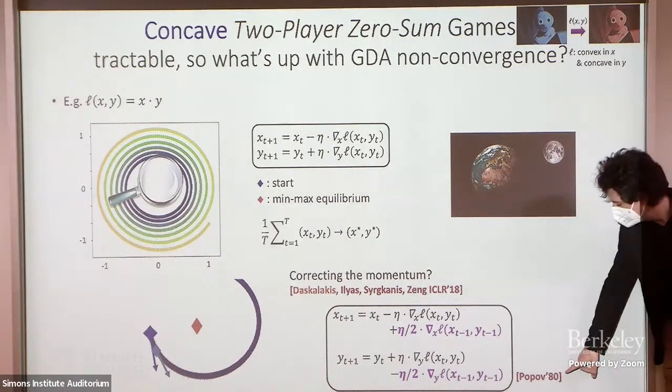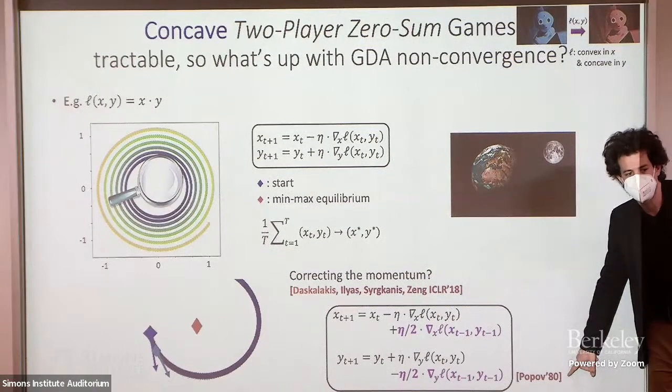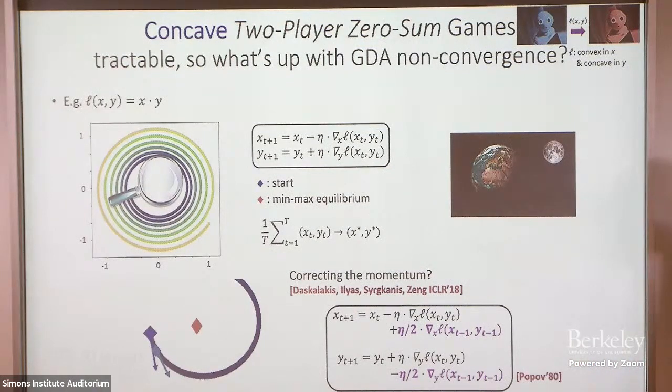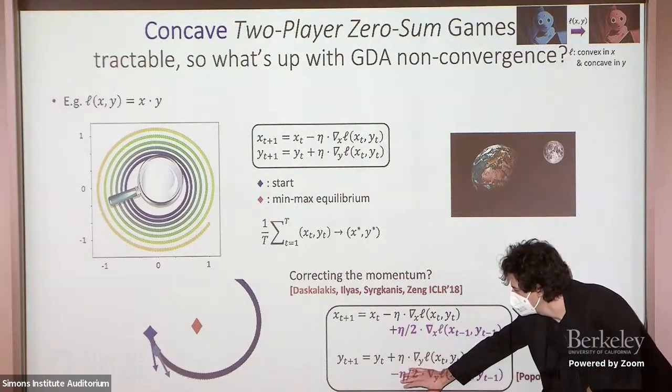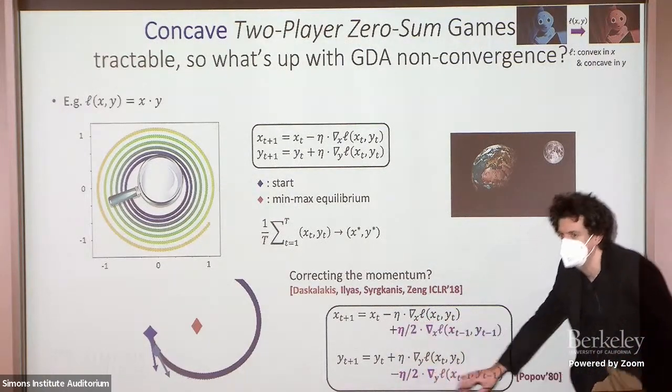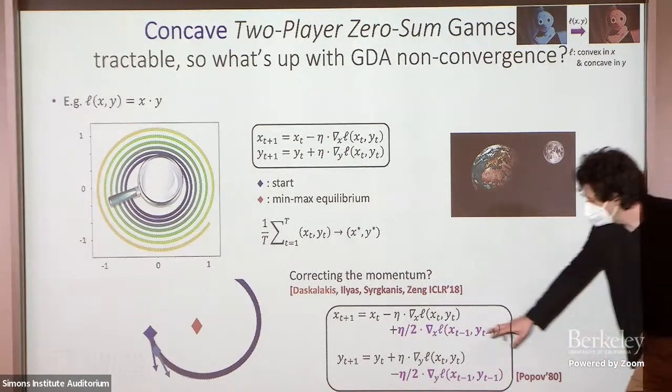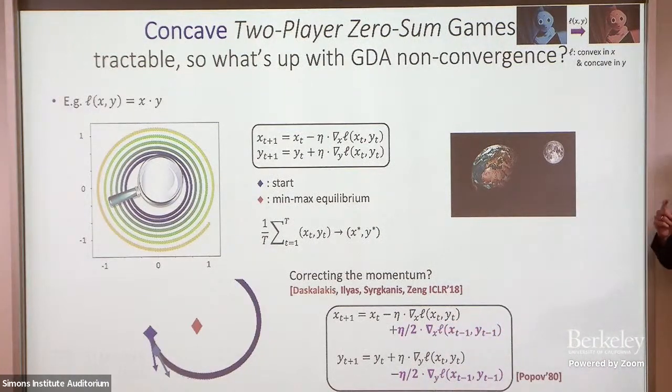Here's one due to Popov, which is called optimistic gradient descent ascent. What this does is, without the pink is the classical gradient descent ascent dynamics. But what the pink does is undo a little bit of yesterday's gradient.